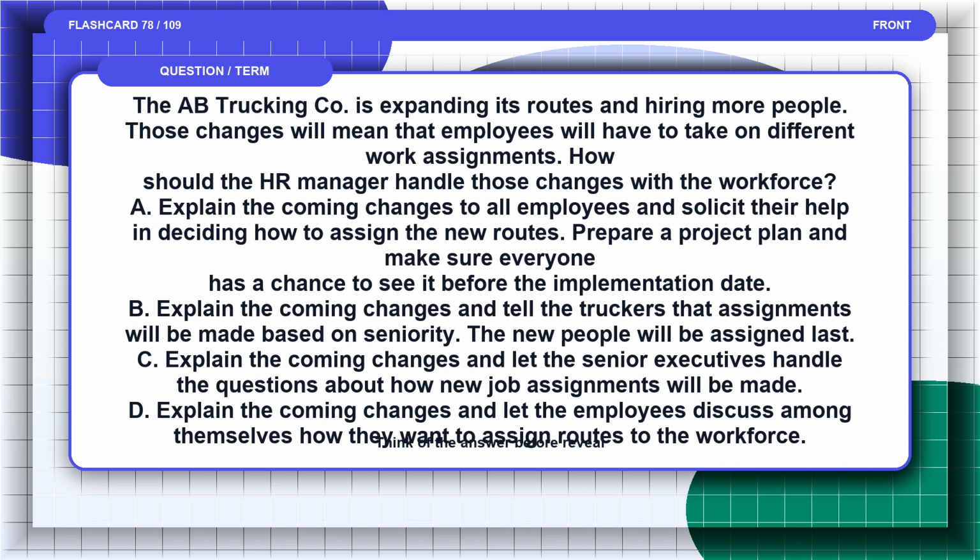C. Explain the coming changes and tell the truckers that assignments will be made based on seniority. The new people will be assigned last. D. Explain the coming changes and let the senior executives handle the questions about how new job assignments will be made.